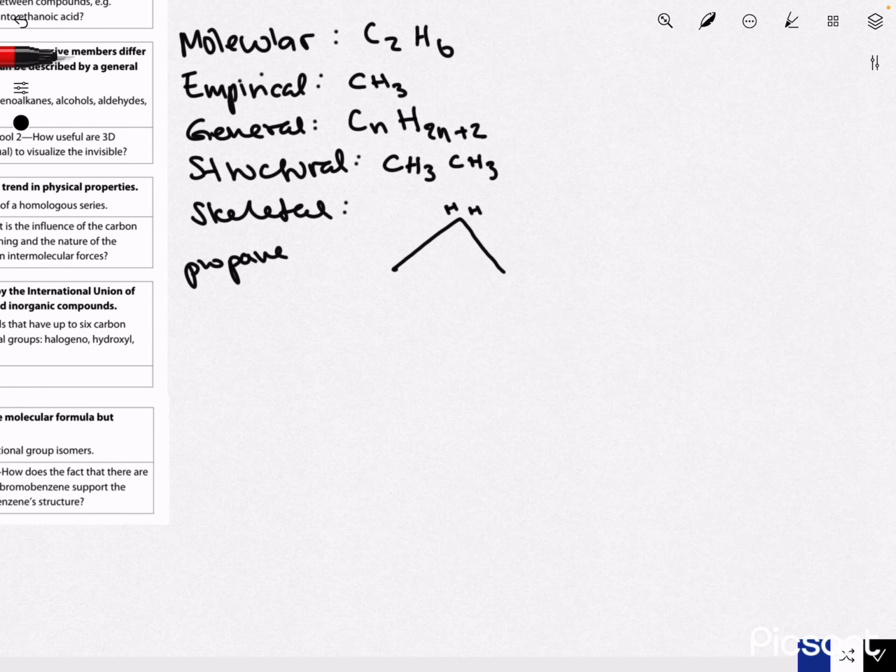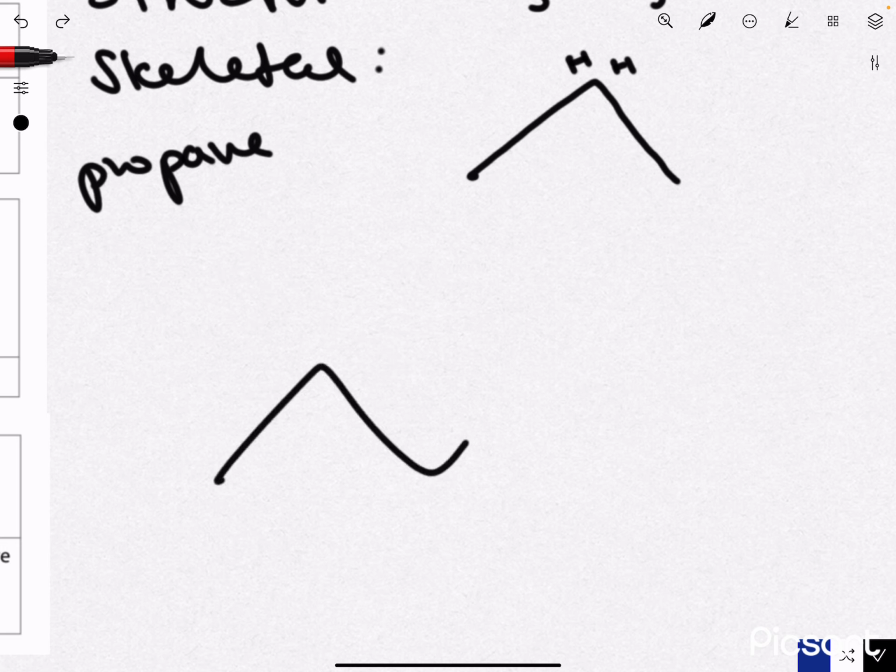So let's take this as our example. When it comes to naming these, we always have to look at the longest carbon chain first, and this is called the parent chain.